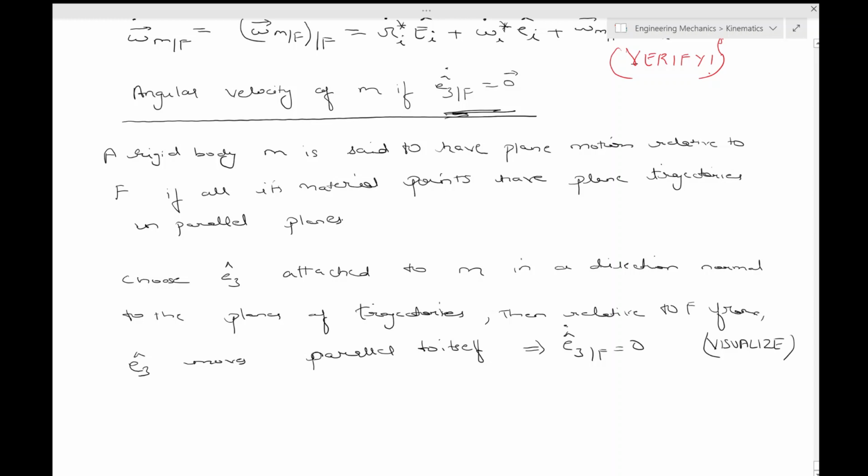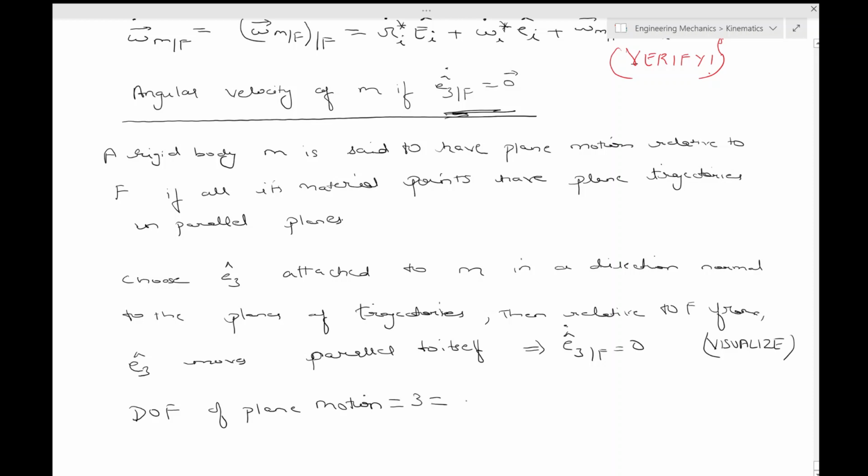Obviously you will be missing out on one of the coordinates which is not in the plane motion, say perhaps in the thickness direction for a solid. So we have the degrees of freedom of plane motion. This is equal to 3.